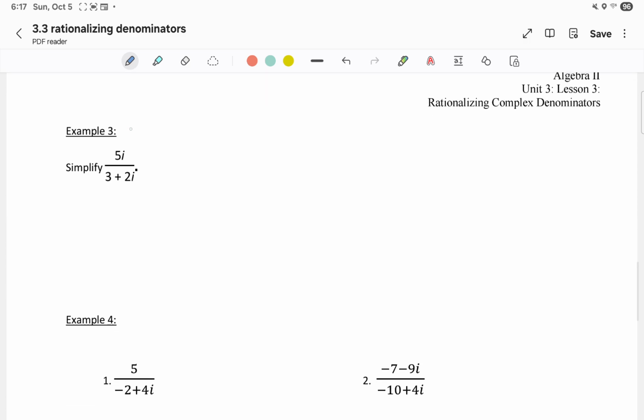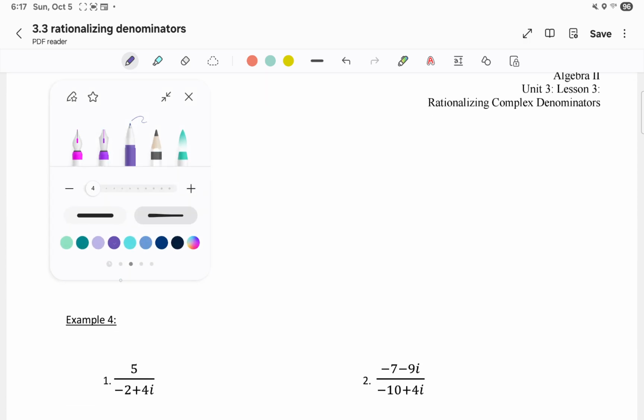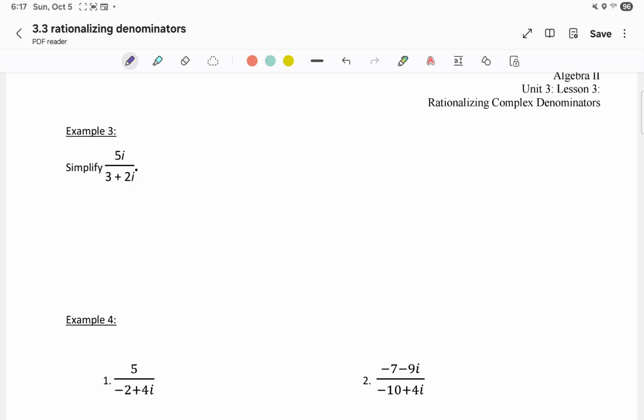So then for example 3, we will have 5i over 3 plus 2i, and we need to get it to simplest terms and get that i out of the denominator. So we're going to multiply by that conjugate over itself. So we will have 3 minus 2i over 3 minus 2i. And then we will need to multiply. So we will have 5i times 3 minus 2i.